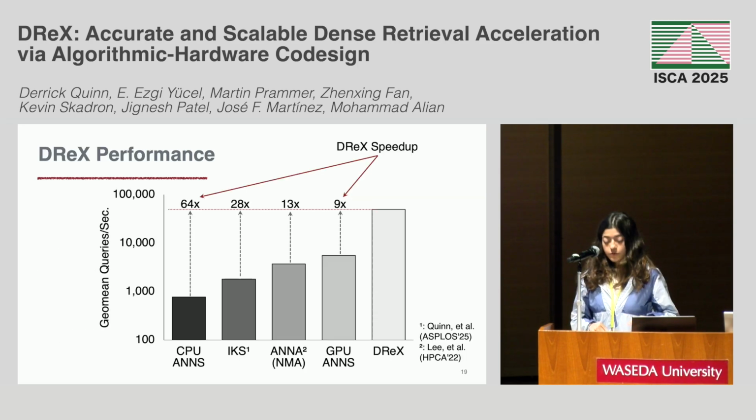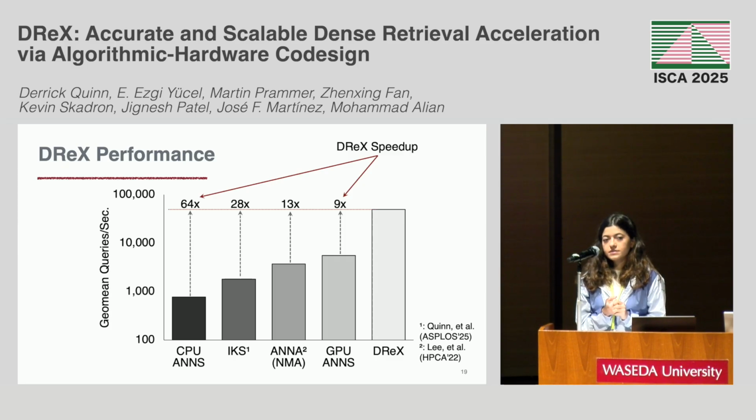As you can see from the graph, DReX outperforms the existing solutions. We evaluate, as I said, 5 different datasets and compare performance against different configurations, such as the best performing ANNS CPU implementation and the best performing ANNS GPU implementation, as well as prior accelerators such as IKS or ENA.